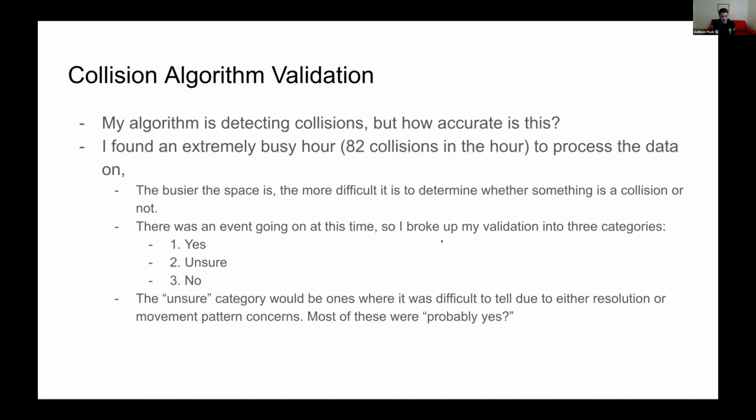When I was doing the validation for this, I ended up making three categories: yes, unsure, and no. The unsure I could define as probably yes, but it's hard to tell for sure whether it was a real collision or if they were talking with someone or talking for a longer time.